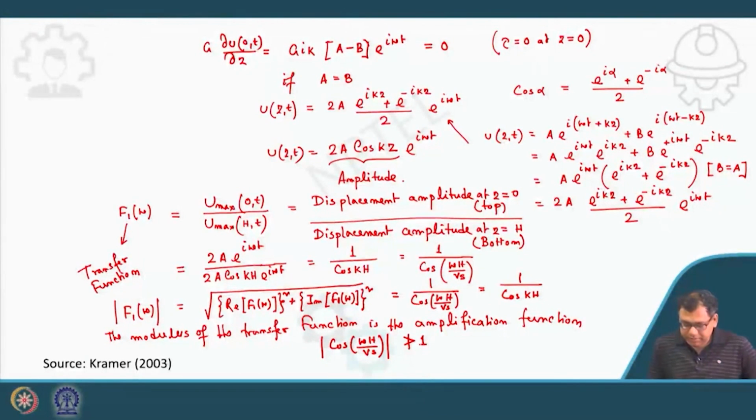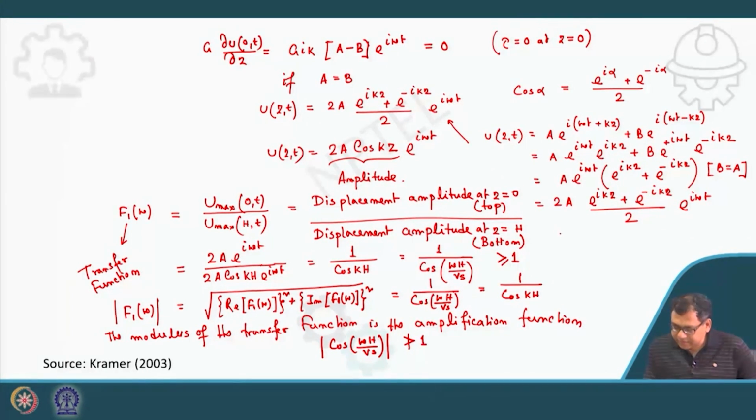So that's why the amplification function is always greater than or equal to 1. What is this part? This part is always greater than 1, so I can see this value is always greater than or equal to 1.